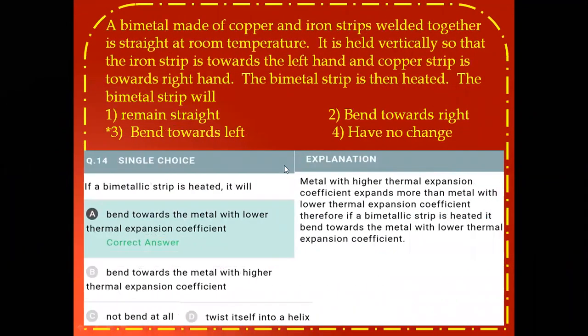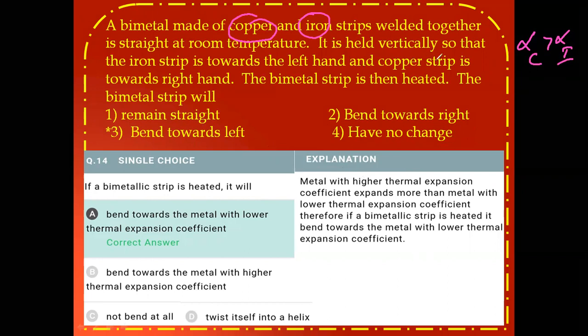Right. Next problem. See, a bimetal made of copper and iron strips. One is the copper strip they give, and the other one is iron. So if you see, alpha of copper is greater than alpha of iron as per the sequence which I gave.